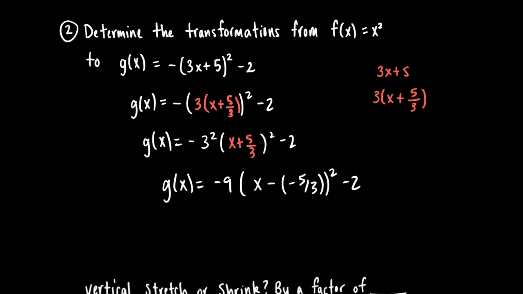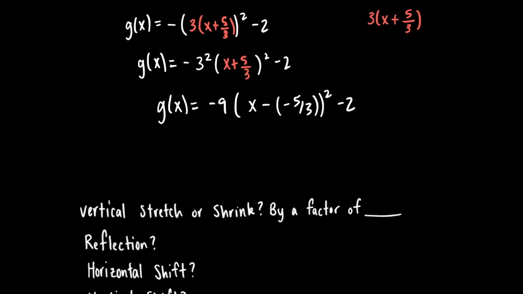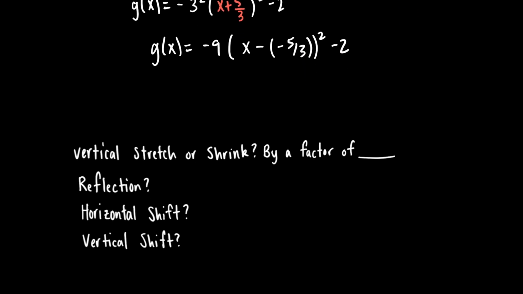And so this puts us fully into vertex form right here. We've got our a value, this is our h value, and this is our k value. And this will let us answer these questions down here much easier. So is it a vertical stretch or shrink? Yep, it's a stretch here, and that's because this number is greater than 1.